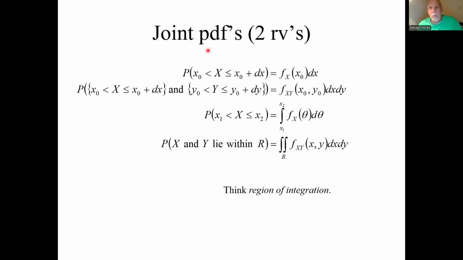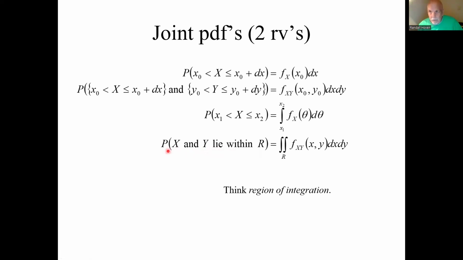And we could have joint PDFs, functions of two random variables, x and y. I won't go through this definition, but here's the big concept, and students have a little trouble getting it in their head. You want to know if x and y lie within some region in the xy plane.